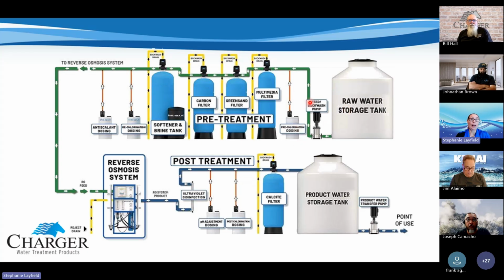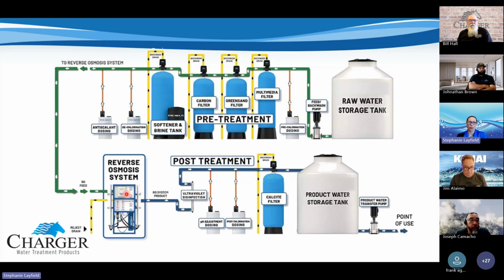If it's coming from a well, I strongly suggest it. Filter it, green sand filter, carbon filter, yep, softener and brine tank, or anti-scalant, but this is all your pre-treatment. Just like we do with any system, you have to select the right technologies, put them in the right order, and that's where your supplier can help you to choose that treatment train.